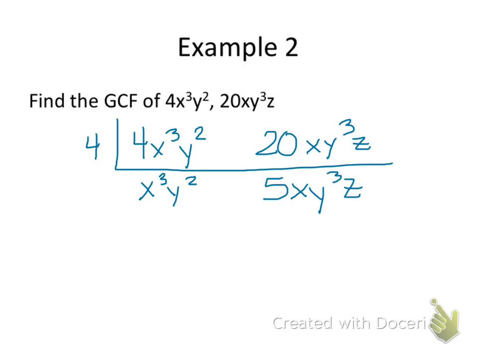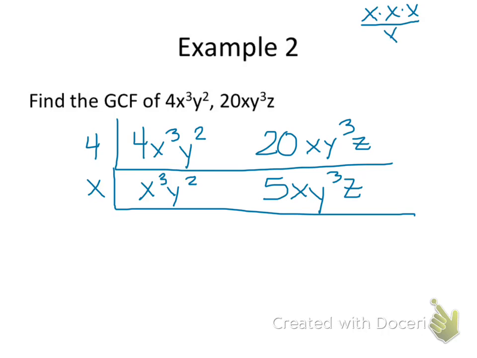Now we compare, and the coefficient here is 1, right? So we have no more numbers to work with, we're down to letters. But this first one has an x, and this one has an x, so I can divide by x. If I take x cubed divided by x, let's think about what that looks like: x times x times x divided by 1x.